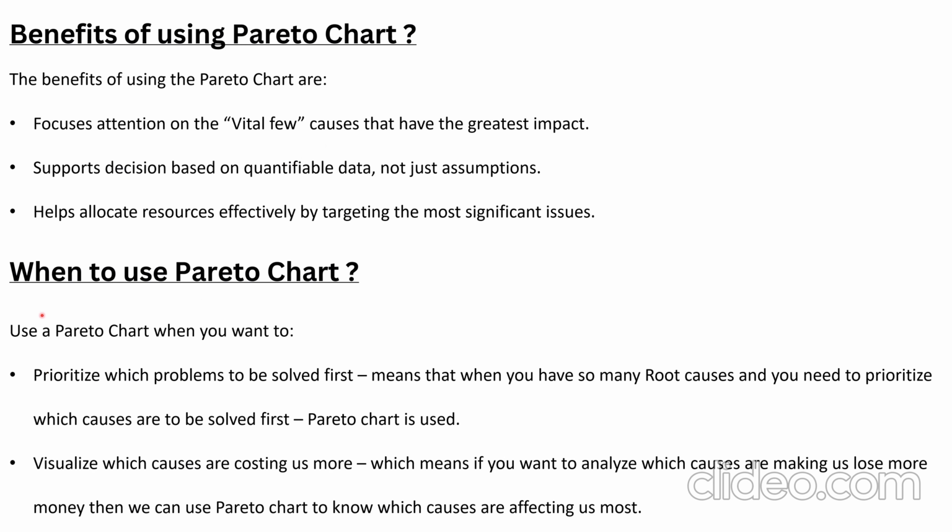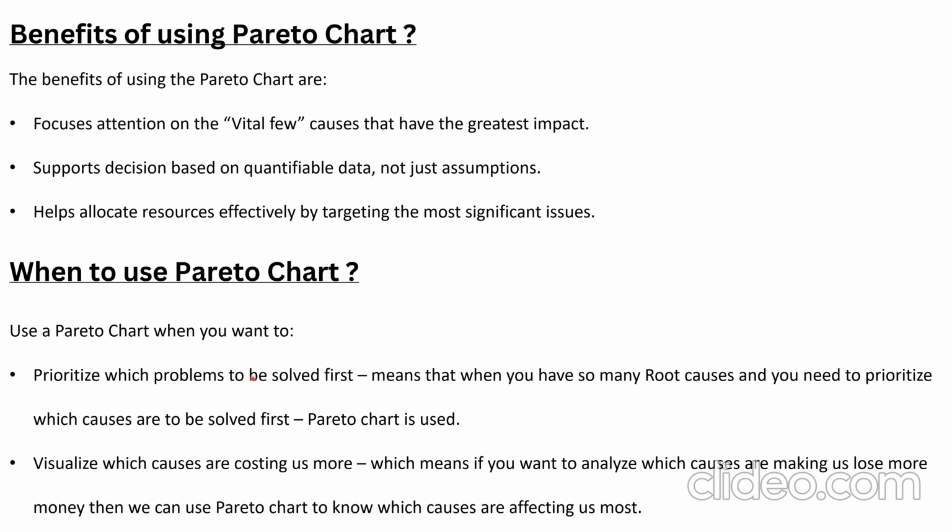So when to use this Pareto chart? You use a Pareto chart when you want to prioritize which problems to solve first. That means when you have so many root causes or defect categories, you need to prioritize which causes are to be solved first.